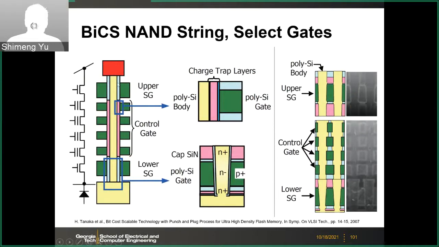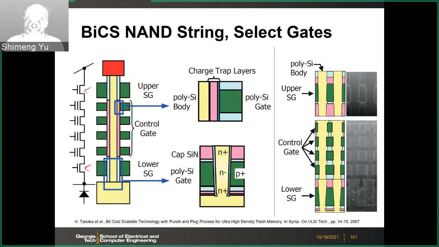So let's look at the cross-sectional view, so you have a better idea what's in here. From the circuit point of view, you have this vertical string, right? This is a one-line string. And then you have the floating gate, or not floating gate anymore, let's say the charge trapping layer. So you have the charge trap transistors in series. The top one is the string select, then you have the ground select.